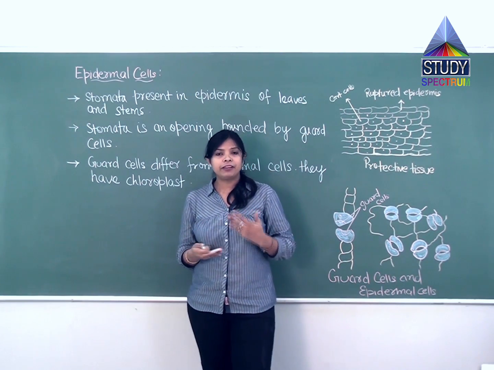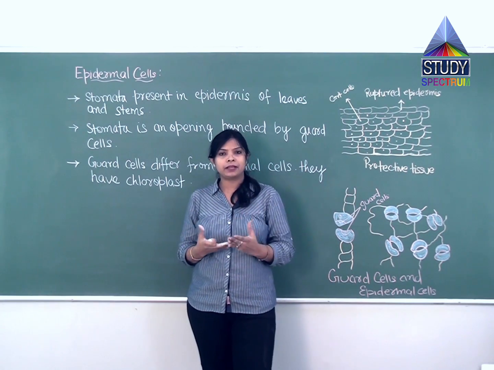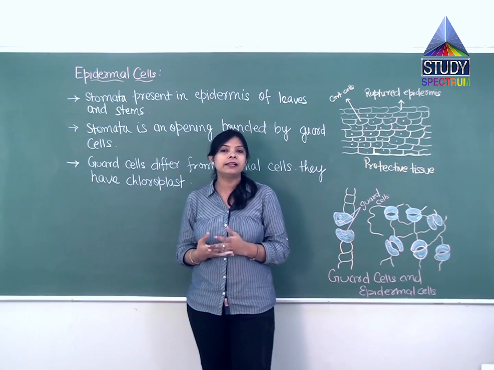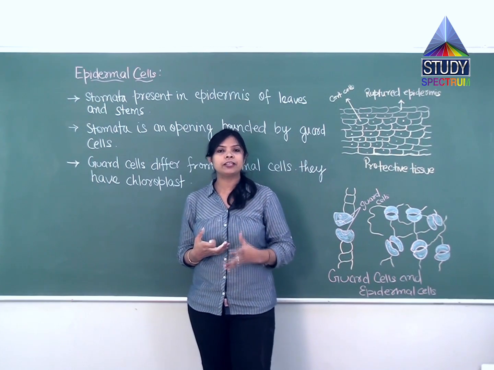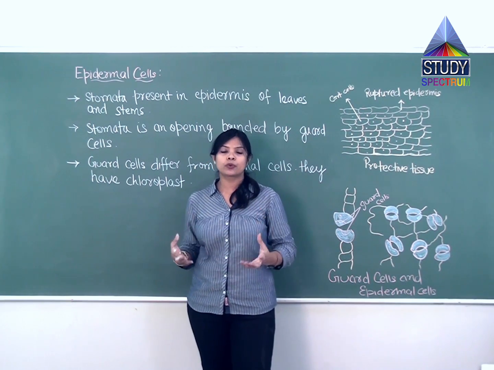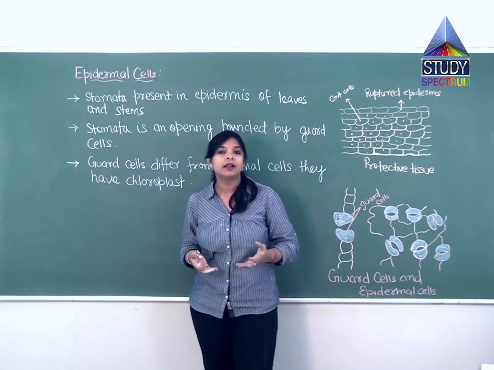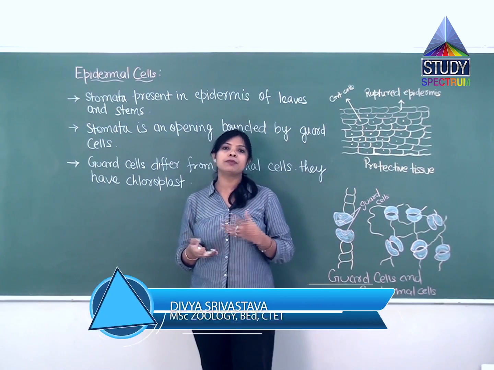So here we are discussing epidermal cells. What we have seen is that in a normal atmosphere, epidermal cells will be a single layer and they are living cells. Whereas if I talk about a dry habitat, where the plant is present, its epidermis will be thicker. Why? Because they are in an atmosphere where the temperature is very high.